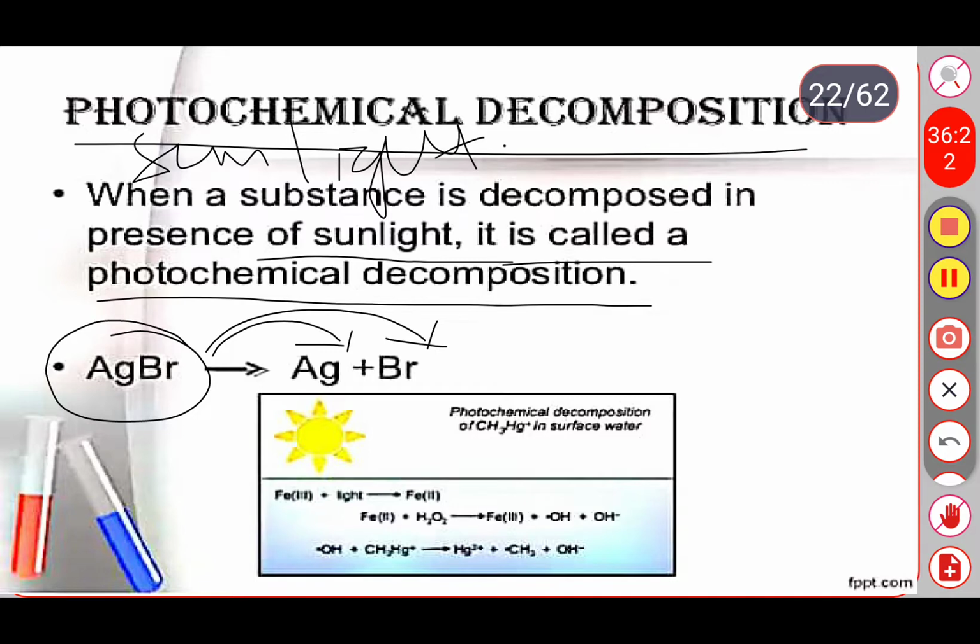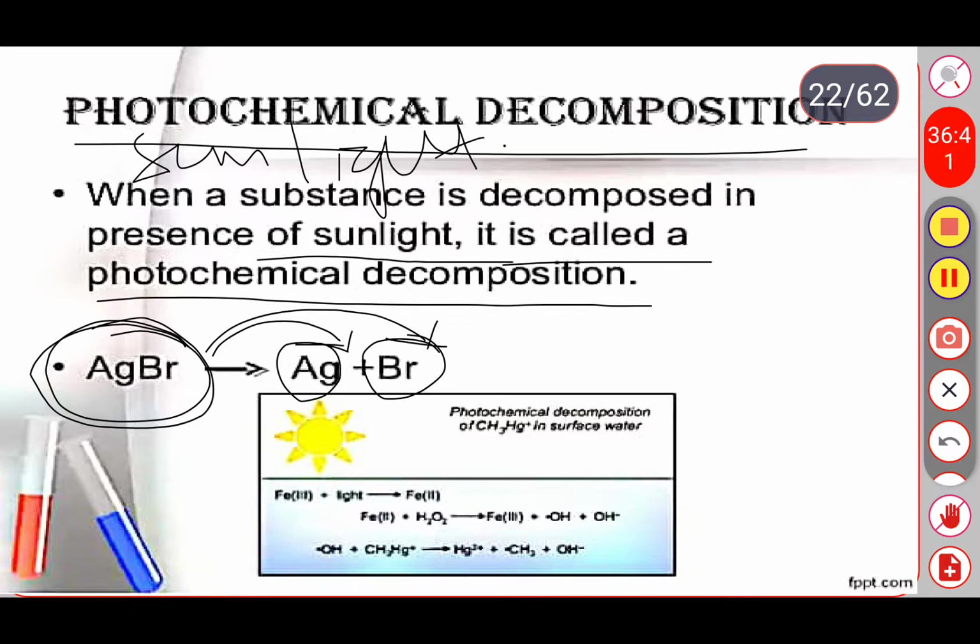So these are the three types of decomposition reaction. First is electrolytic decomposition, second is photolytic decomposition, and third is thermal decomposition. In electrolytic decomposition, we need to pass electric current.